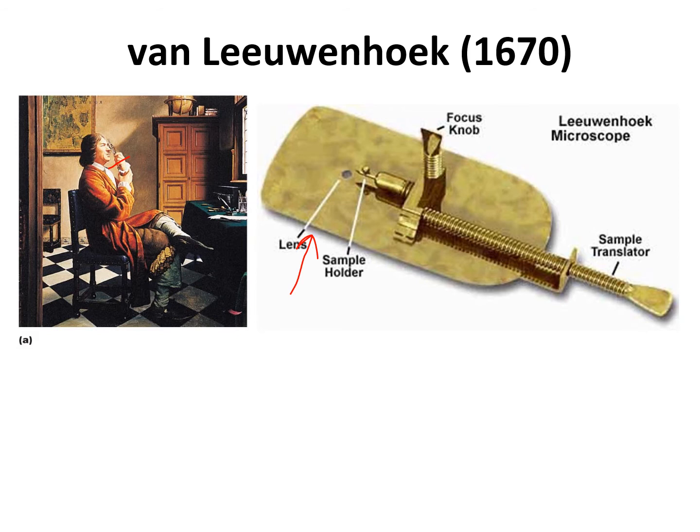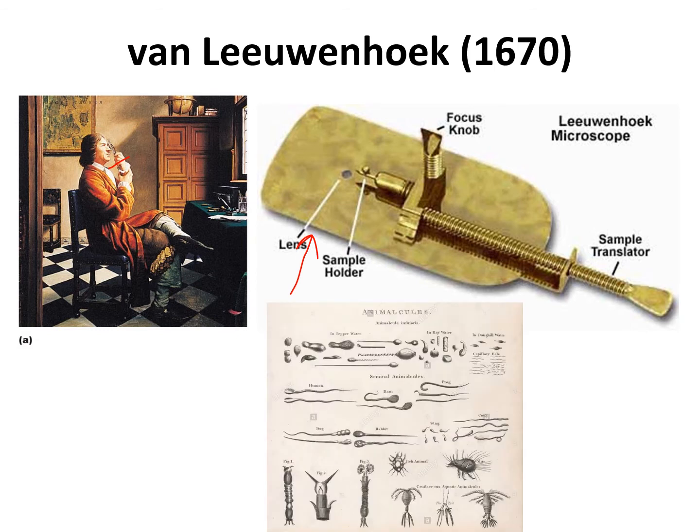And in addition to advancing the microscopes and the resolution of the microscopes, he also was the first person to look at living cells. And he called those animalcules, little animals. So he was actually the first person to look at living cells. He looked at samples of pond water, he looked at samples of fecal material, and he looked at samples scraped from his own teeth.